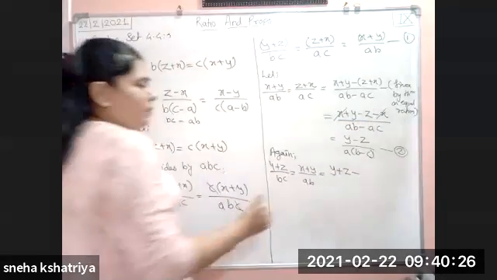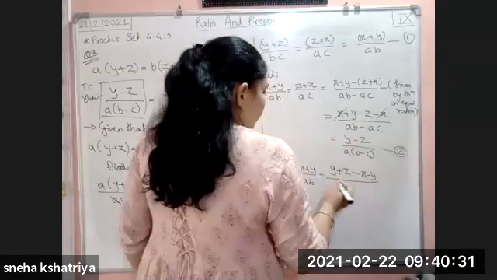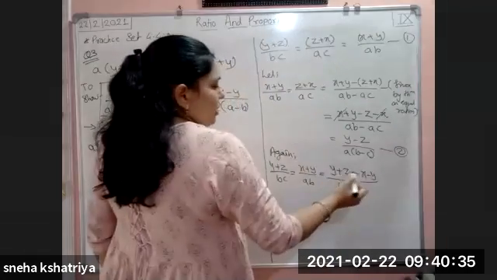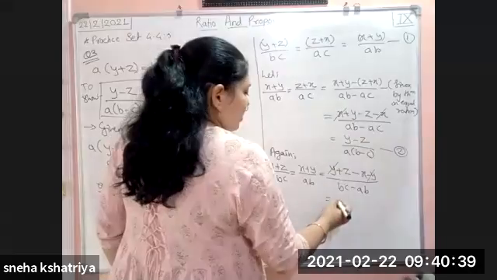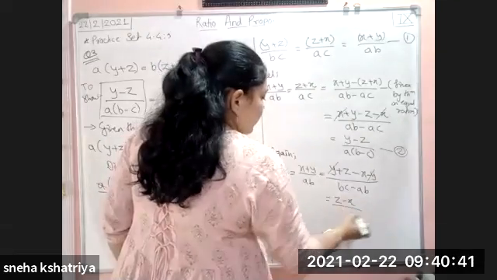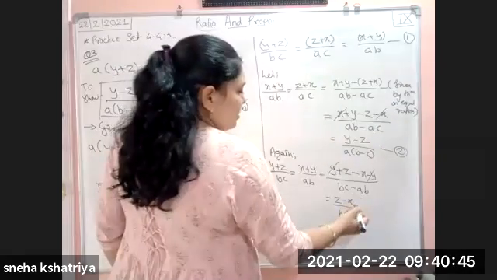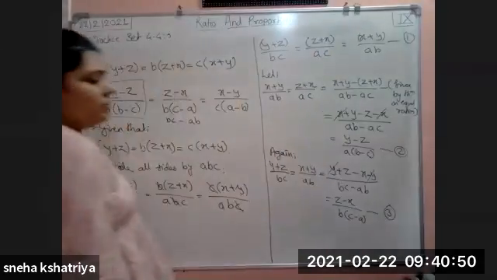There also it will become minus x and minus y divided by BC minus AB. See here, plus y minus y get cancelled, we get z minus x. So z minus x divided by b common in the bracket, we get c minus a. This is equation number 3.